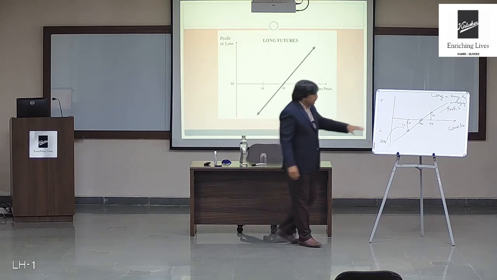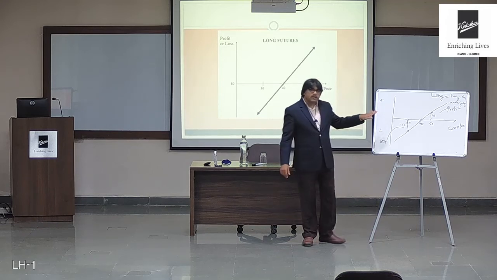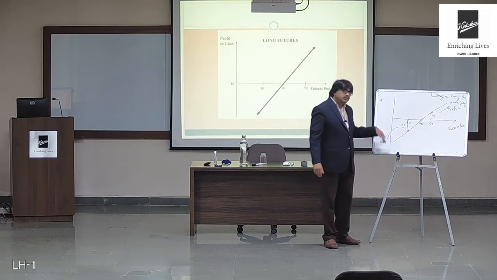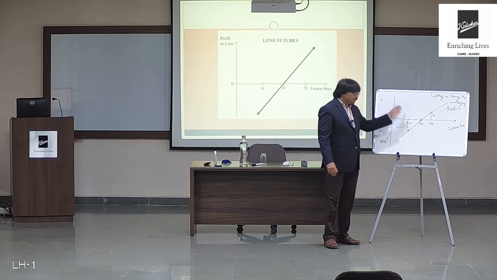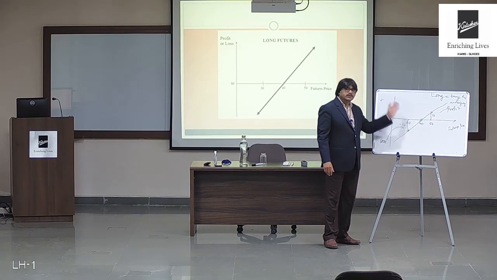But I'm stopping here because first you should try to understand what long futures or long forwards are and how the profit and loss arises. I'll do the short forward example next class, so that there is no confusion between the long and short forward.